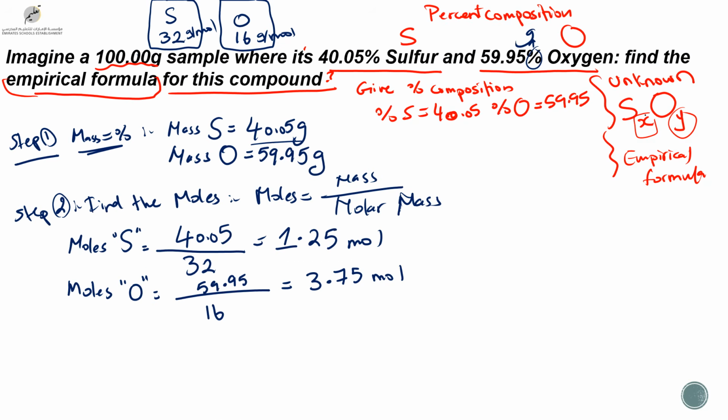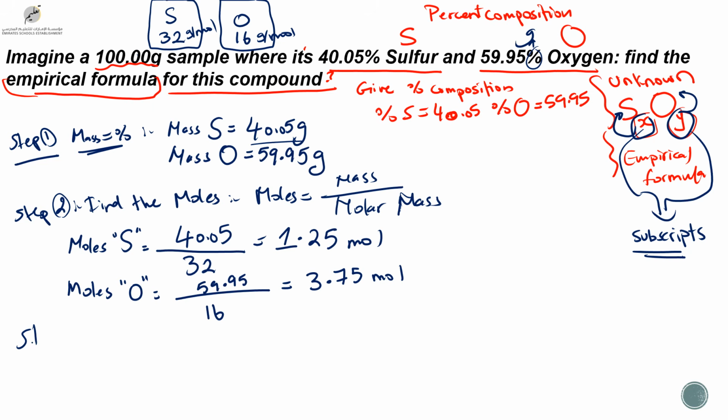So do you see this X and Y? These are the subscripts that we put. Now X is for S and Y is for O.